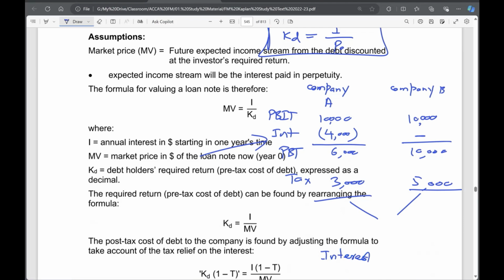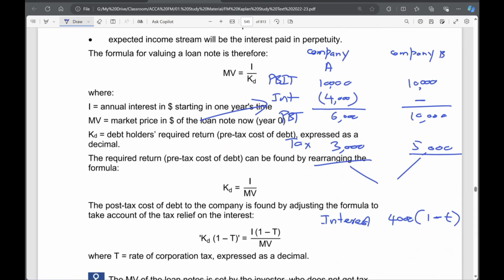By the way, here the investor receives the entire 4,000, but we pay 1 minus T. This is a way to find the effective interest. We give 4,000 interest, but 50% we save back. The investor gets the full amount, but our cost is half because 50% was the tax rate.